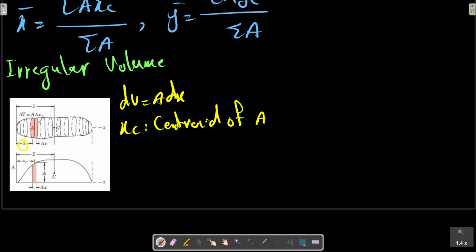Thus, the centroid of the volume can be calculated as sigma x V xc over sigma V, where V is the volume of each part.